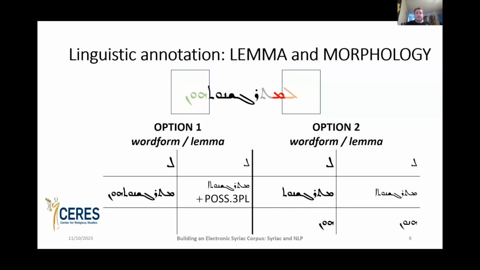So we would have the preposition particle le, we would have the actual word, and then we would have the suffix pronoun. Now, with the second option, the question is, how do we define the lemma for the suffix pronoun? Because here, for example, we cannot assign a root. We could, but one usually doesn't do that.